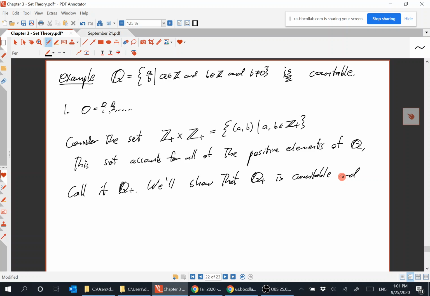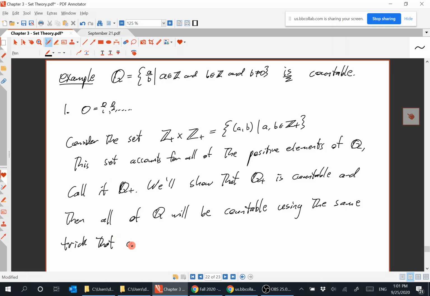And then all of Q will be countable, using the same trick that we did with Z. So let's leave 0 out of it as well.